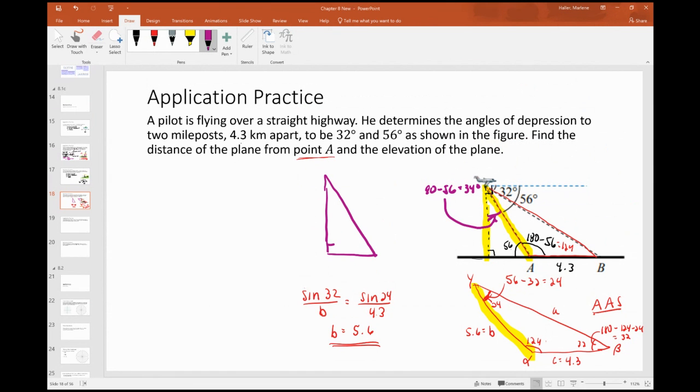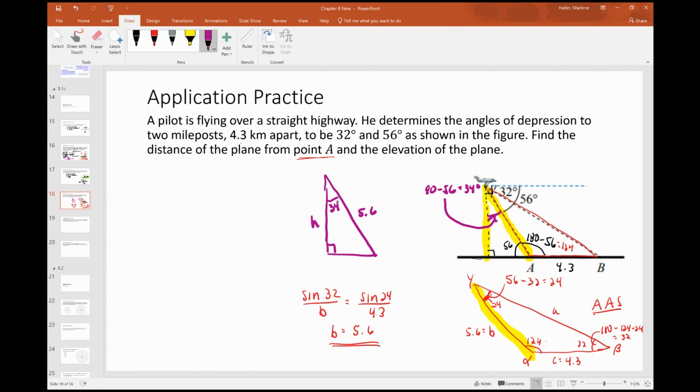Okay, here's our right triangle. We found that the angle up here was 34 degrees, and we just found the hypotenuse of that triangle because it's the same as side B. That hypotenuse is 5.6. What are we looking for? We're looking for the height. Maybe we'll call it H. Do we have enough?